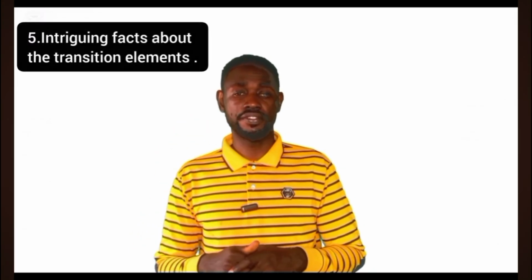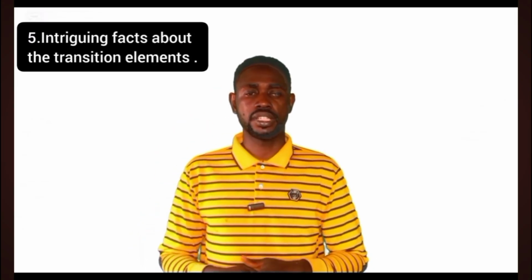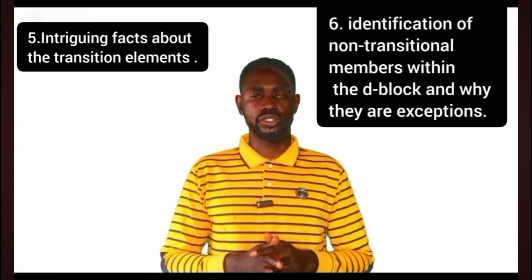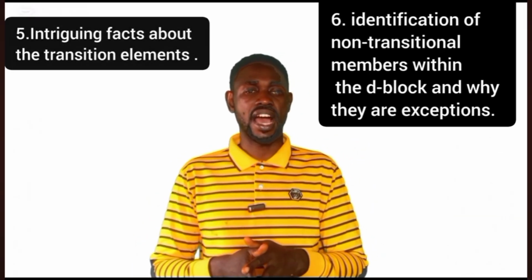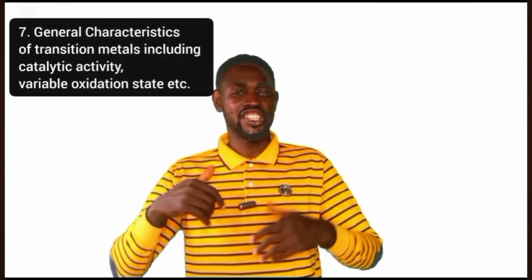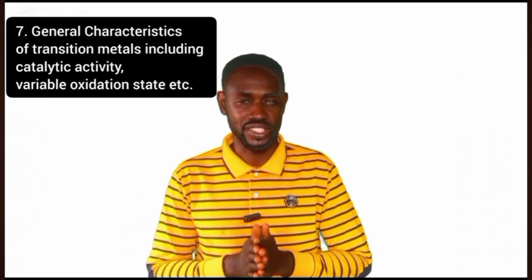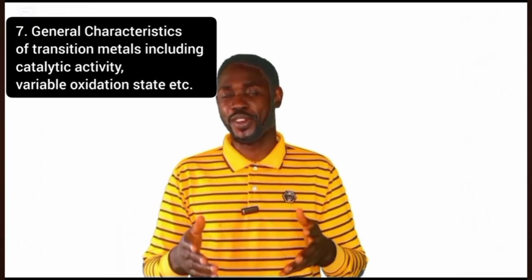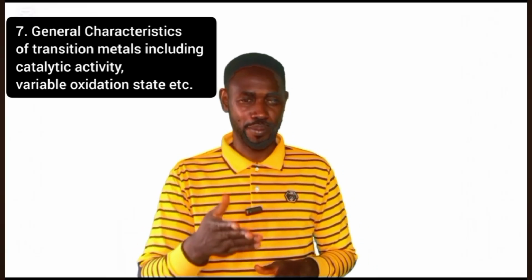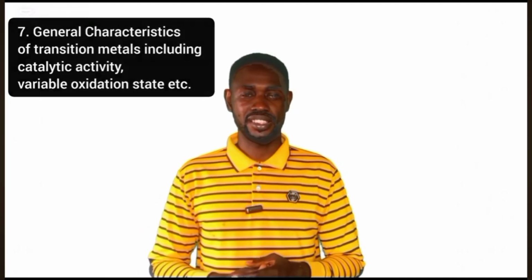Number 5, intriguing facts about the transition metals. Number 6, identification of the non-transition members within the D block and why they are exceptions. Number 7, general characteristics of transition metals, including catalytic activities, variable oxidation state, formation of complex ion, paramagnetism, and more.